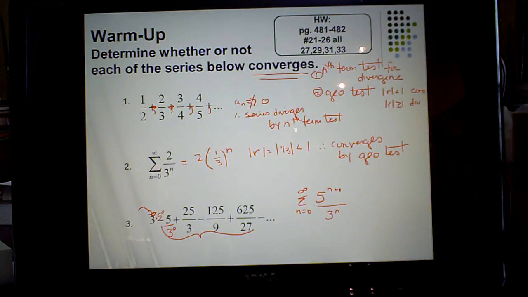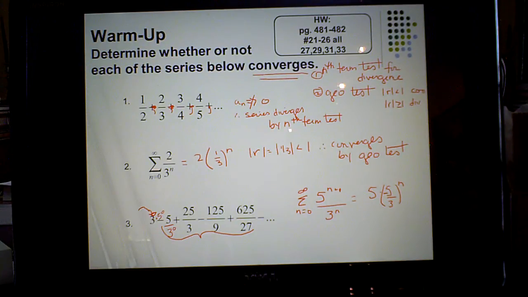Now that doesn't help me for geometric, because for geometric I need a common ratio to the n, but I can use exponent rules here and say 5 times 5 over 3 to the n. But that doesn't take care of my alternating signs. But again, this is what we did the other day. I'm just going to put my negative in there.